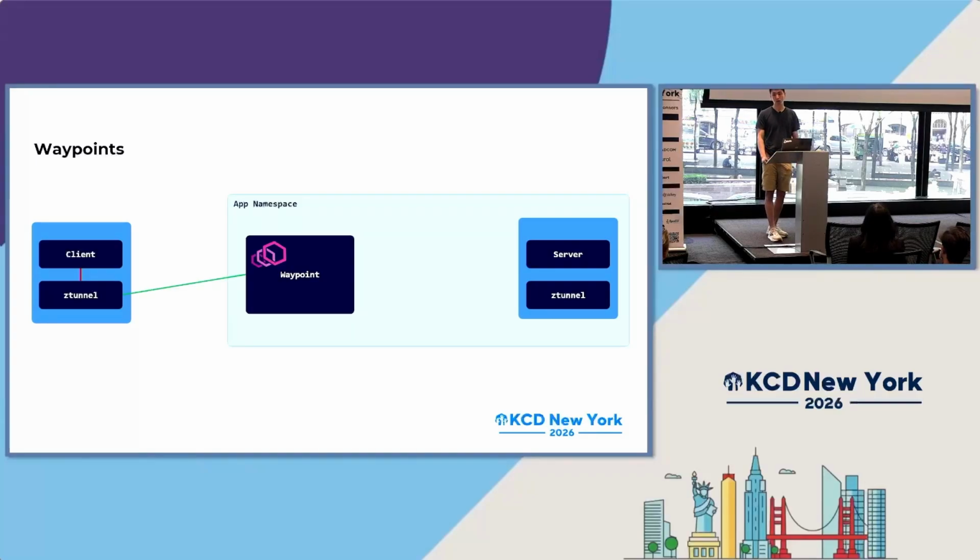The waypoint will apply the L7 policies that you configured, whether that's HTTP or gRPC, and we're working on getting the waypoint to not just be Envoy, but also agent gateway, so we can support protocols such as MCP. And then the waypoint will forward traffic to the destination ztunnel. And this architecture is great because it allows you to opt in for L7 processing, but only when necessary.